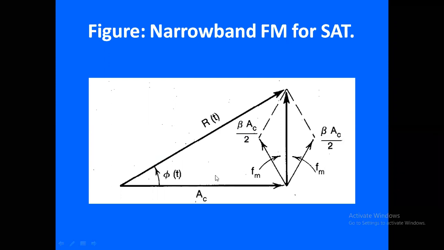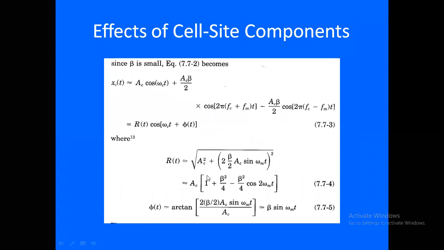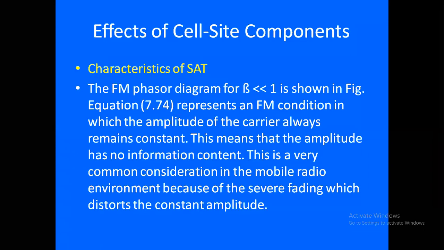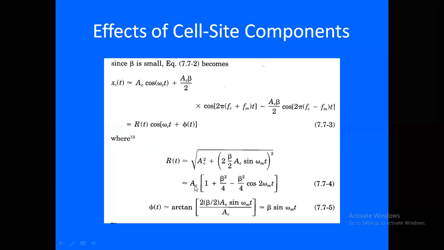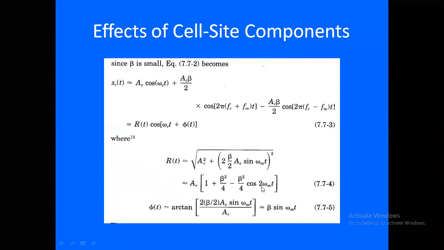This is fm, phi(t) is the angle between them, and Ac is the carrier magnitude. The phasor diagram for beta less than 1 is shown in equation 774. So for beta less than 1, R(t) is Ac into 1 plus beta square by 4 minus beta square by 4 cos 2 omega m t.